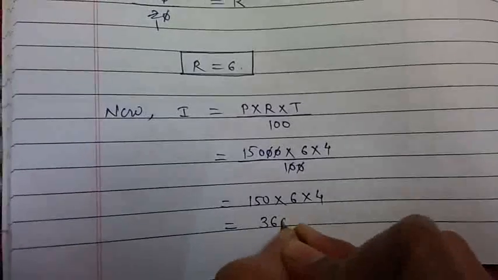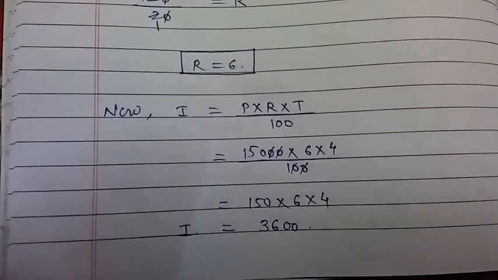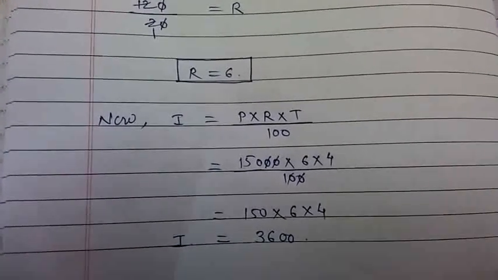Means 15,000 multiplied by 6 multiplied by 4 upon 100. This 2 zero and this 2 zero will get cancelled. Means what is remaining? 150 multiplied by 6 multiplied by 4. Their multiplication is 3,600. This is the value of I.